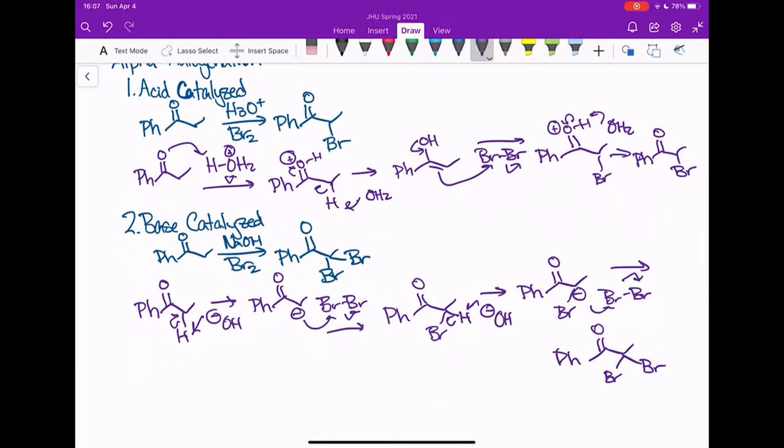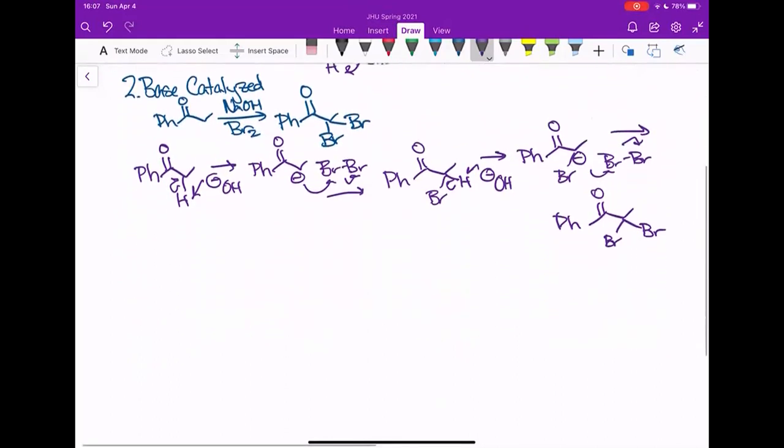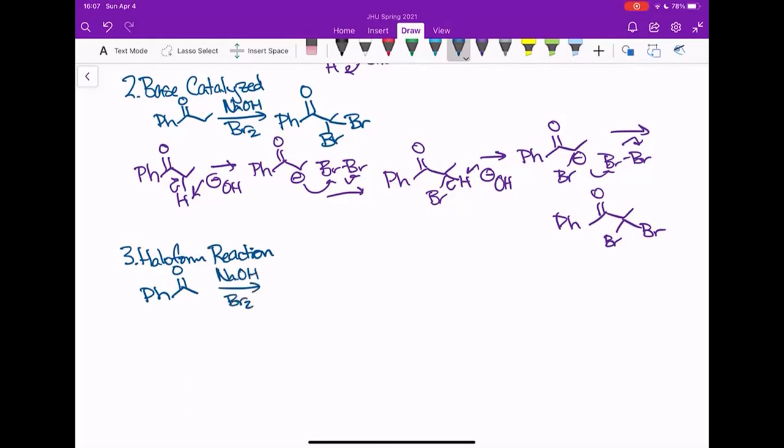And then if we keep on moving forward, we can consider the haloform reaction. So in this case, you have the same reagents as the base catalyzed. But the key difference is that you will have this alpha methyl right here, which means that you have 3 available hydrogens to deprotonate.